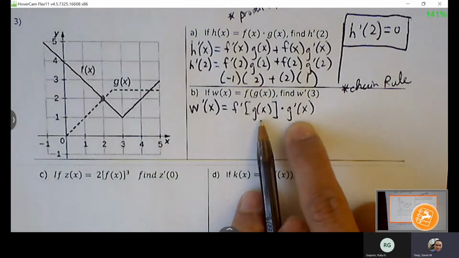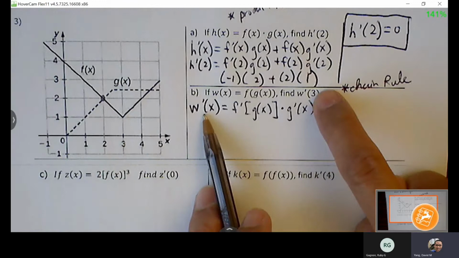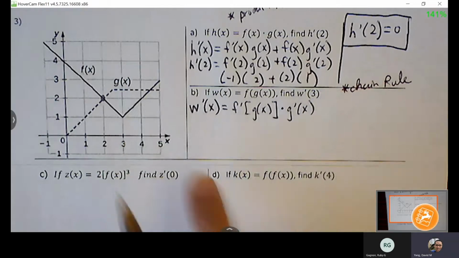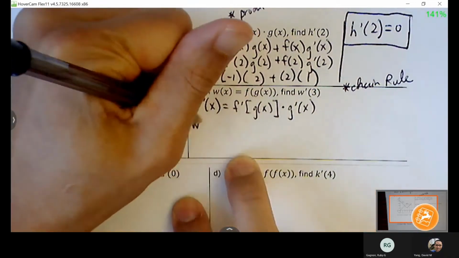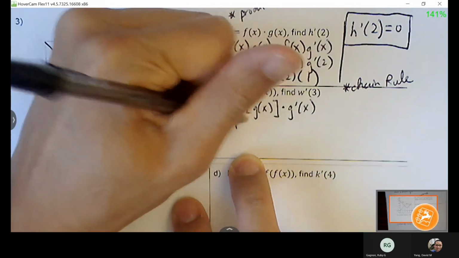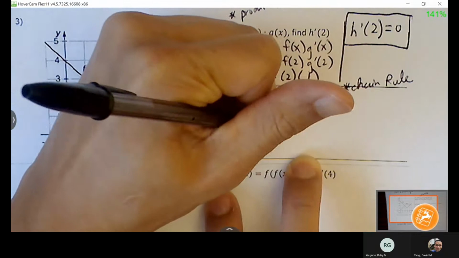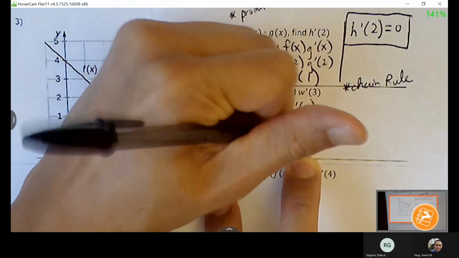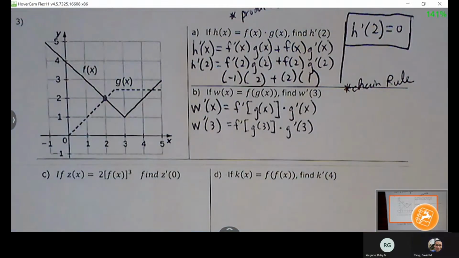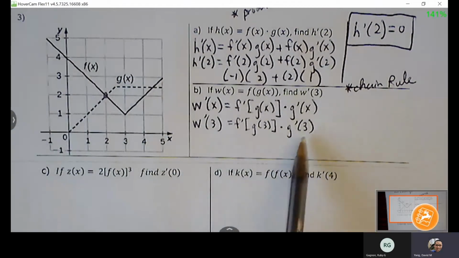Okay. Once we have our derivative, we can start working in our exact value. Okay, f prime of g of 3 times g prime of 3.